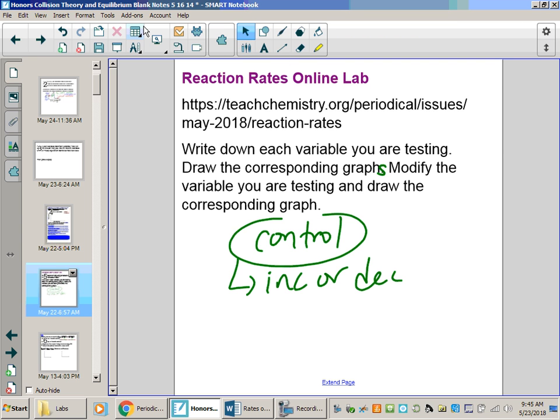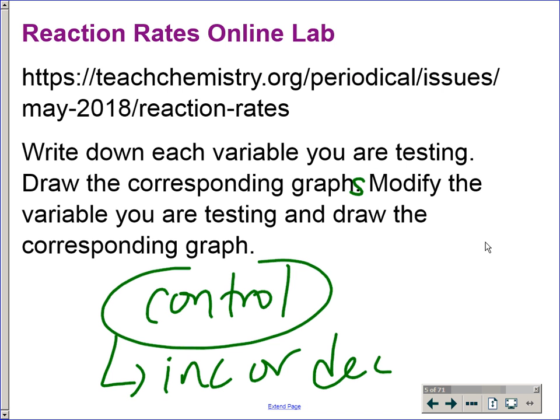Can we just do it on the same paper? You can do it on the same paper you've been working on. Whatever paper you've been working on. I just want you to see these graphs. If you did not do the lab, you're still doing this with us, but you obviously don't have a limitation. You can do this on your website if that's where you've been writing right now.